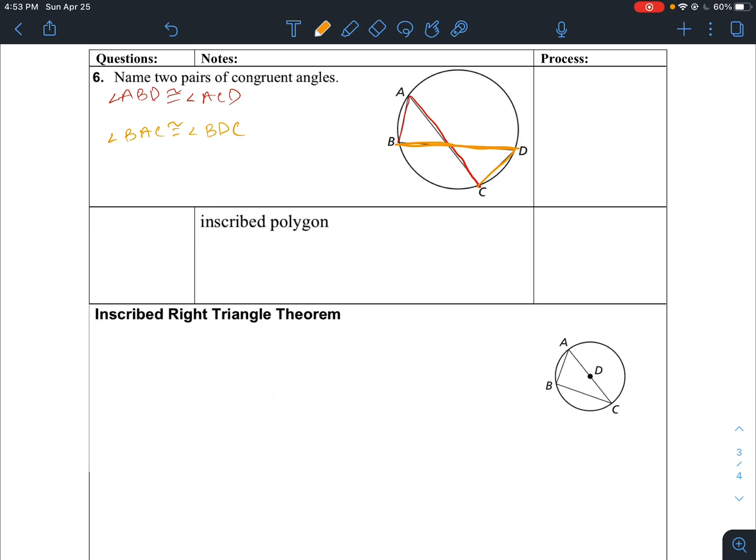Okay, now let's talk about inscribed polygons. So an inscribed angle just means the angle is on the circle. So an inscribed polygon, well, a polygon is an inscribed polygon when all the vertices are on the circle. A polygon is a shape with angles and sides, right?